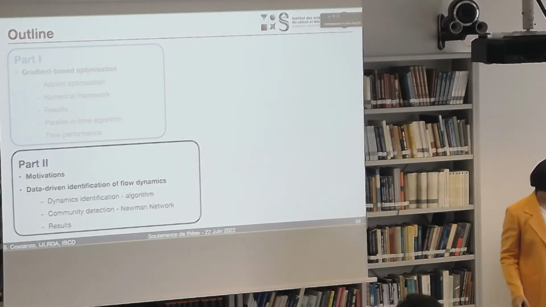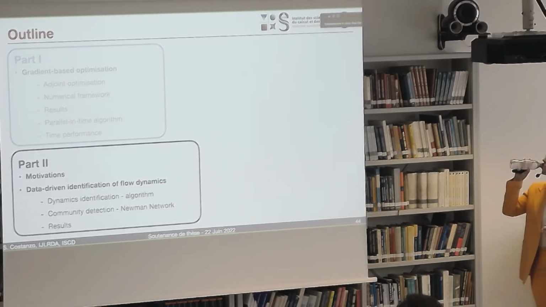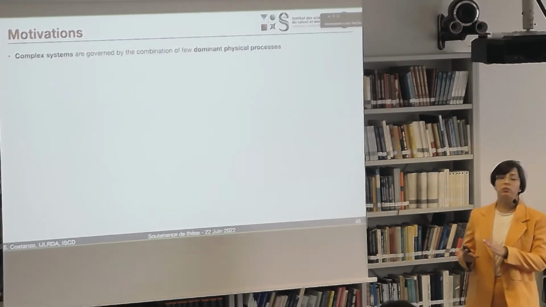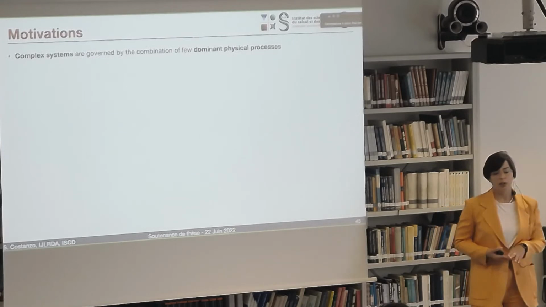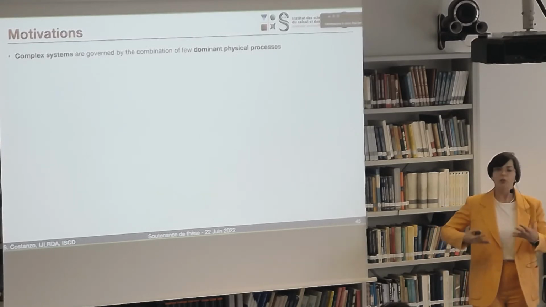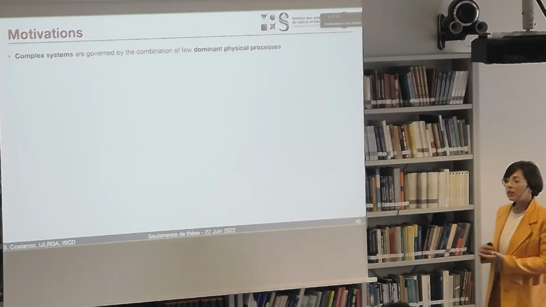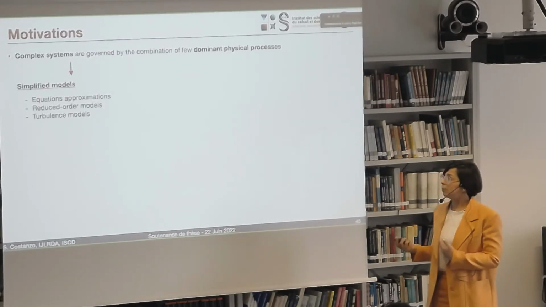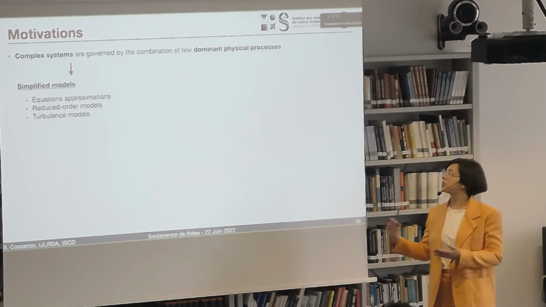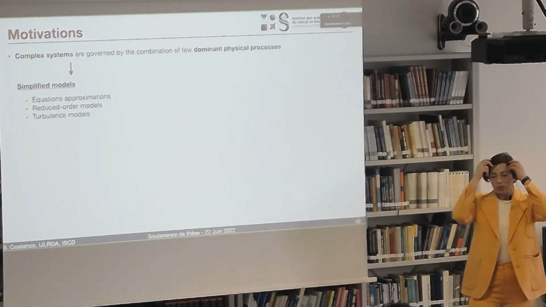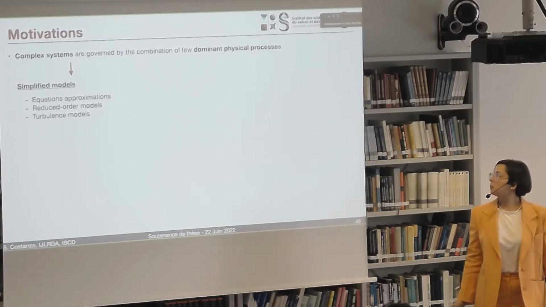So I'm going to start talking about the second part, moving away from the optimization problem. We know that complex dynamical systems are usually governed by a balance of different dominant dynamics. This allows us to build simplified models, so to approximate equations, build reduced order models, and build a turbulence model.